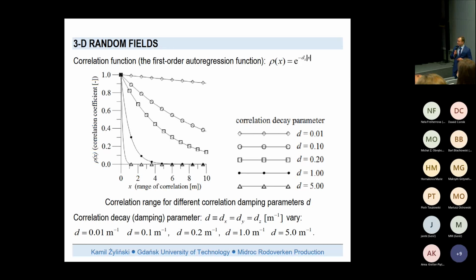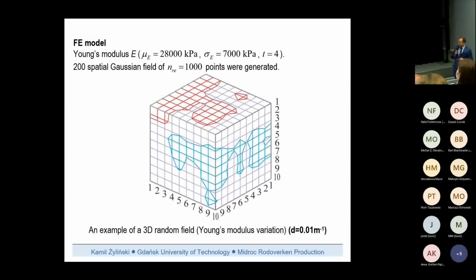For the first line, you can observe that the correlation is very high, the decay parameter is very low, and for the last line it is the opposite. Then, using this autoregression function, 200 models were built. And this is the representation of a simple random field cube by means of a graphical scheme.